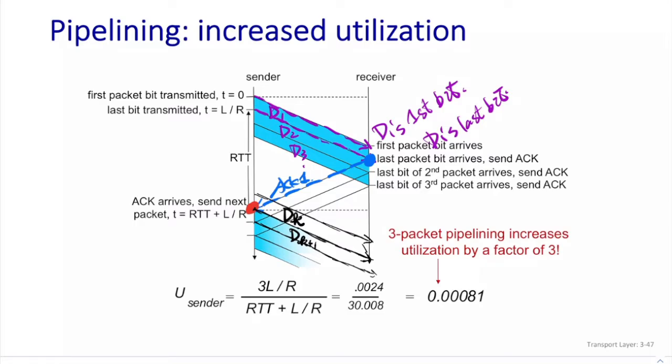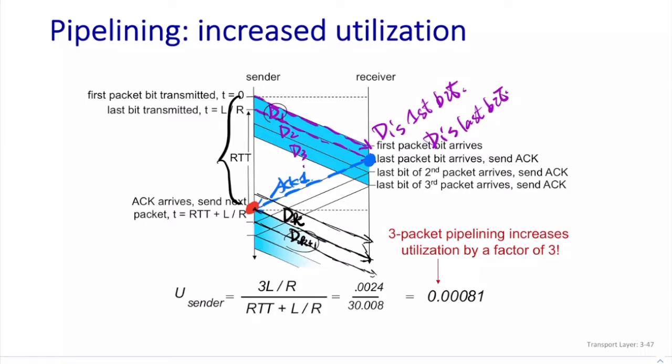So in this case, we can say that when we use pipelining, at most there will be k packets in flight. At the red moment, we receive ACK number 1, so we know that data number 1 has arrived, and then we can send data k plus 1 to the receiver.